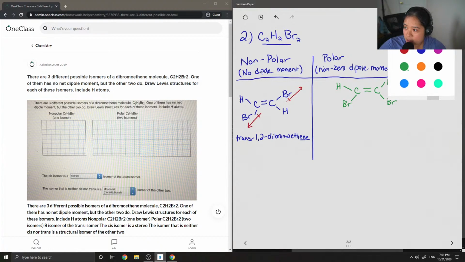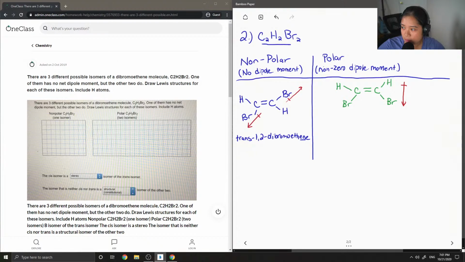And you'll notice that there is a non-zero dipole moment in the direction of the bromines. So they aren't canceling each other out or anything because they are on the same side. And then the name for this is easy. It's just the same as the other, except it is cis. So it's cis-1,2-dibromoethene.